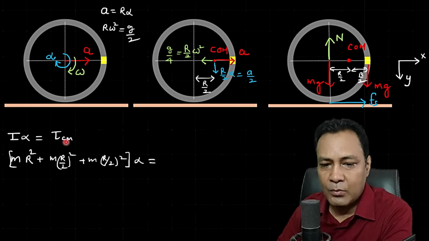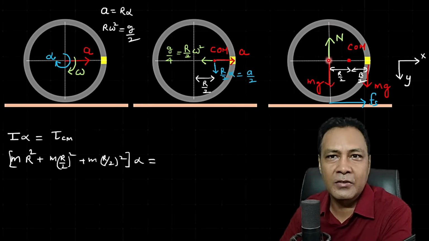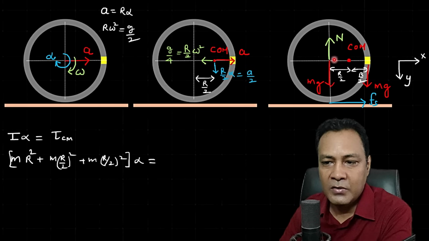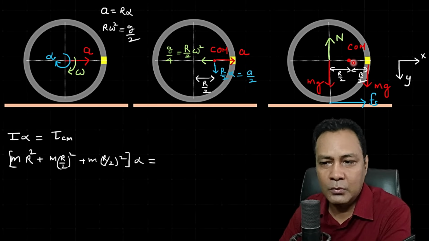Iα about the center of mass is equal to the torque about the center of mass. First we'll calculate the moment of inertia of the whole assembly about the center of mass. The moment of inertia of the ring about its center is mr², plus this is at r/2 distance, so we have to add m(r/2)² more.